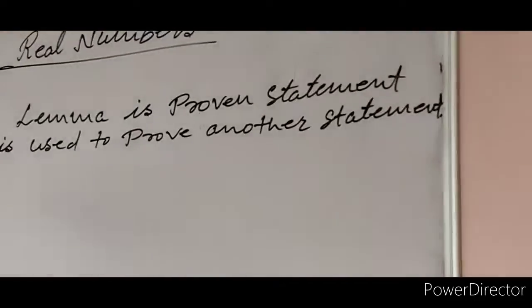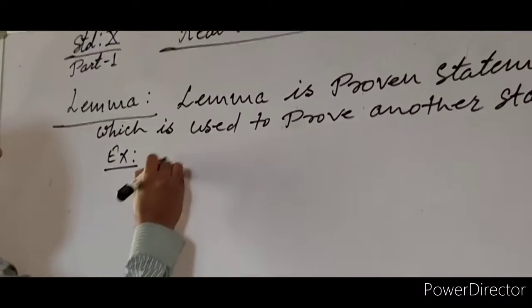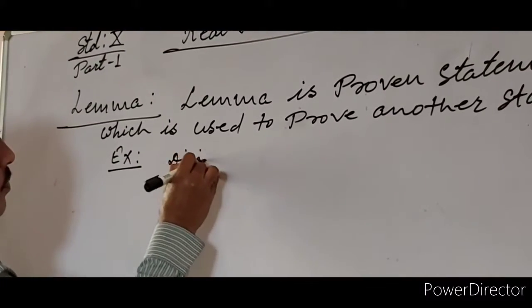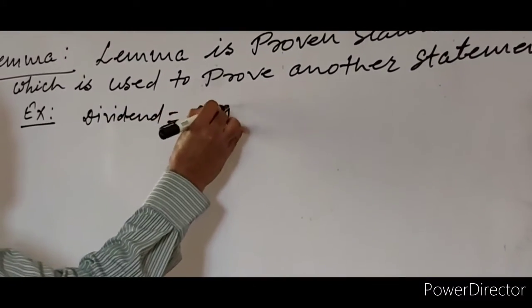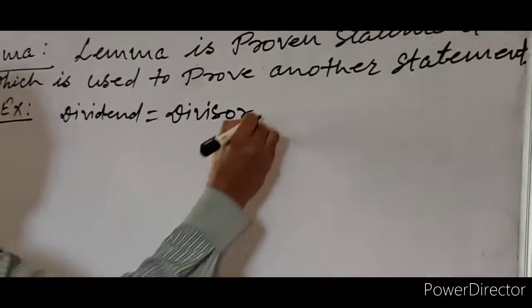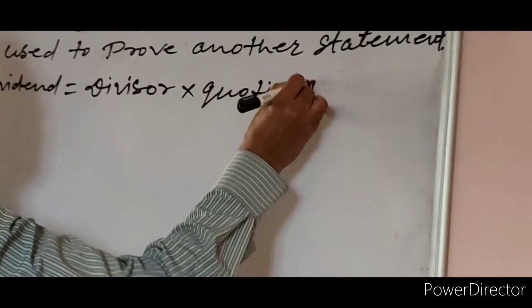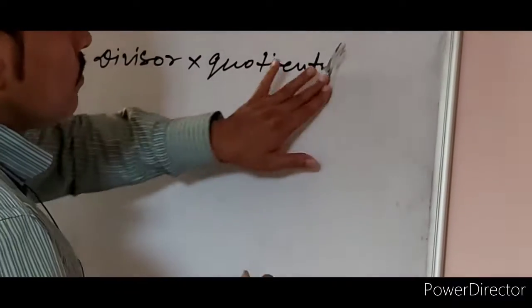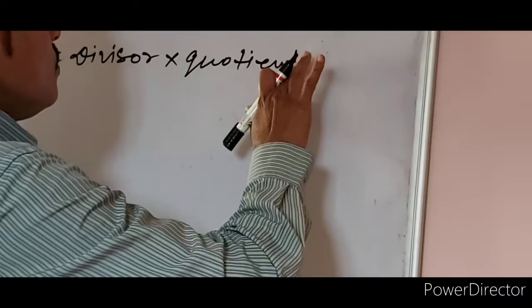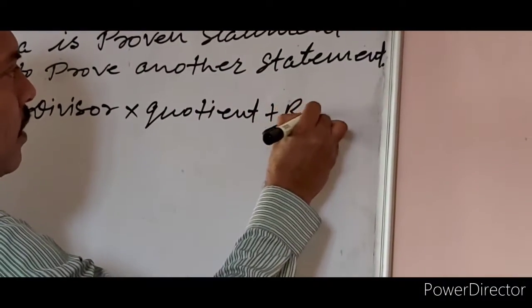So, for example, dividend equal to divisor into quotient plus remainder.